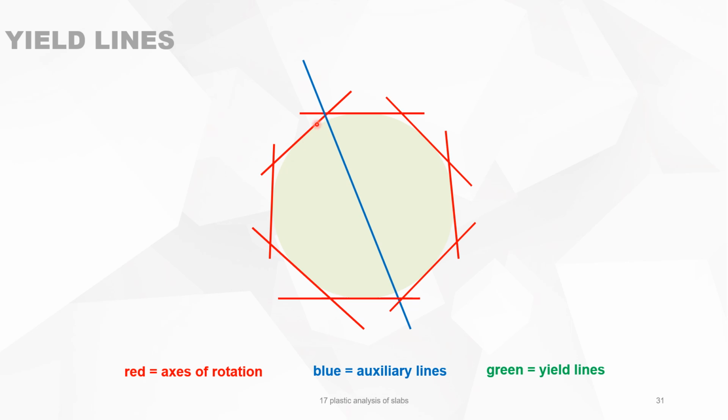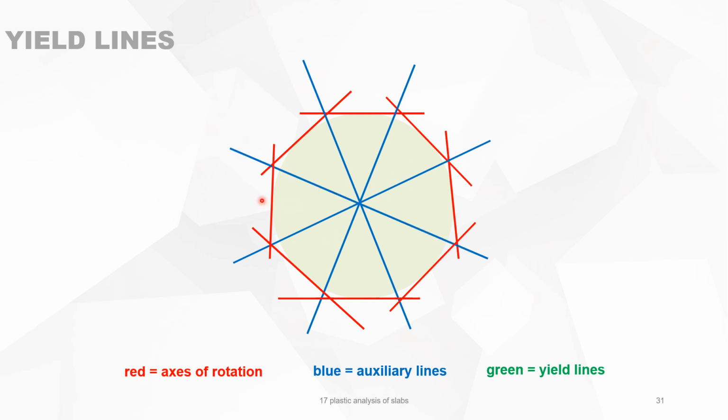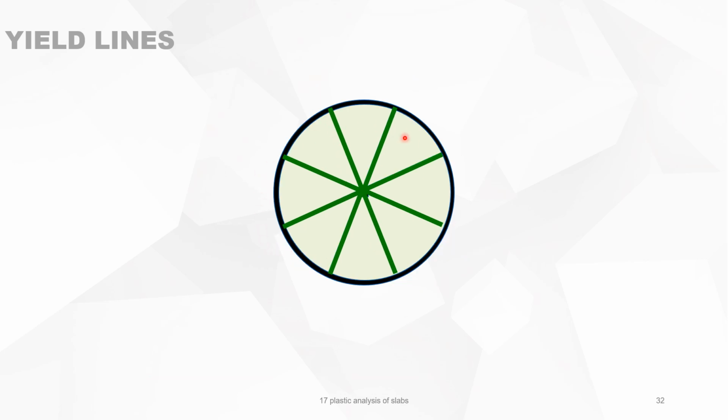They go from this point to this point, and so on. But there are many auxiliary lines, infinity in fact. Then we draw the yield lines, which are of course this. This pattern we call the fan. So in fact there are a large number of yield lines like that. I only drew a couple of them.